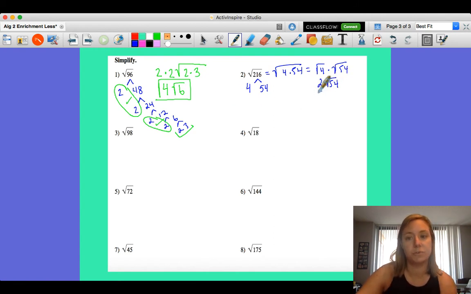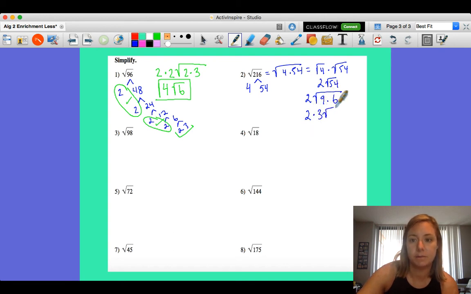Right? So now I've got 2 times the square root of 9 times 6. So I didn't find the largest perfect square. I just found a perfect square. So 2, what's the square root of 9? 3. And the root 6 stays. There is no perfect square that's smaller than this that's a factor. So I end up with 6 root 6.